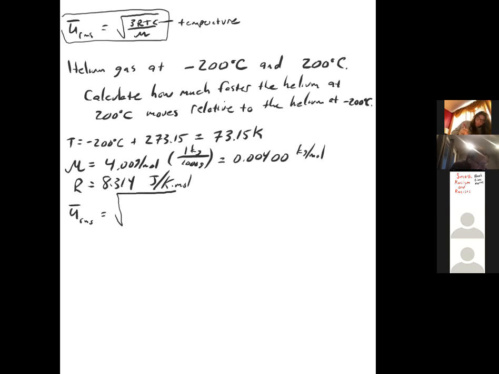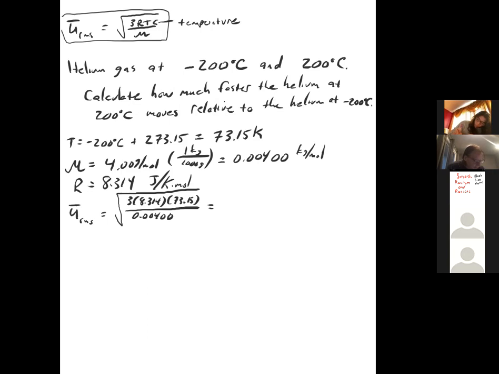So let's do that. Square root of 3 times 8.314 times 73.15, divided by our 0.00400. Okay, so let's see what we get. 3 times 8.314 times 73.15 over 0.004.